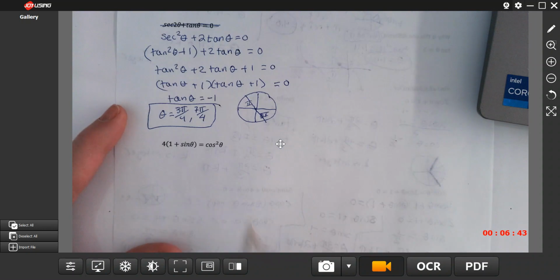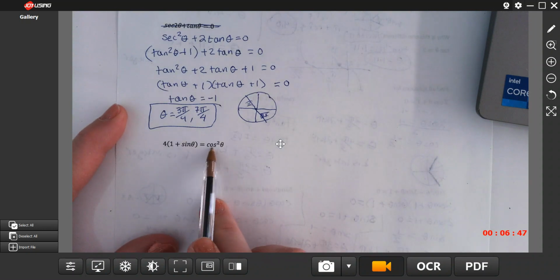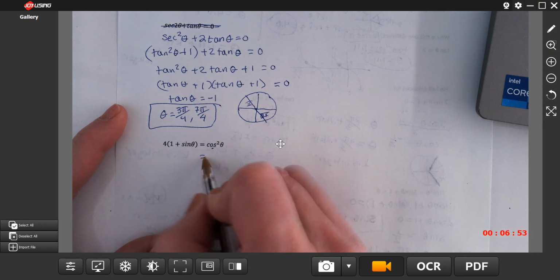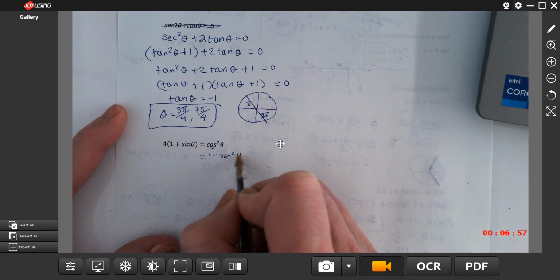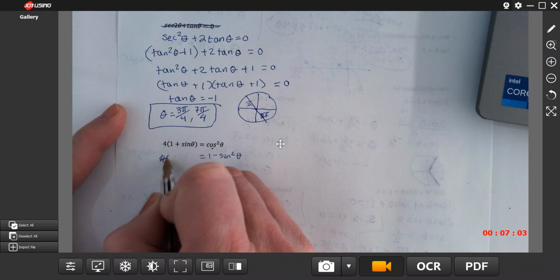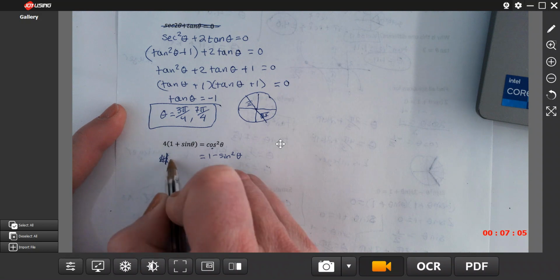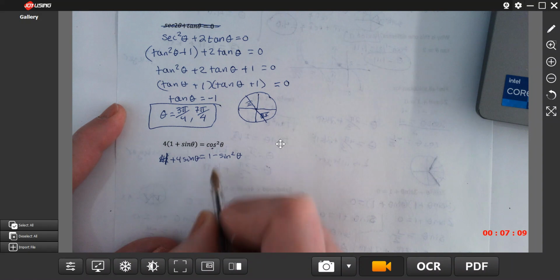All right, last one. I have sines and cosines, so it's a good bet that I should try to replace cosine with something including just sines. So right away, I'm going to replace cosine squared with 1 minus sine squared theta. And I'm actually going to distribute the 4 while I do that. So distribute the 4, and I get 4 plus 4 sine theta.